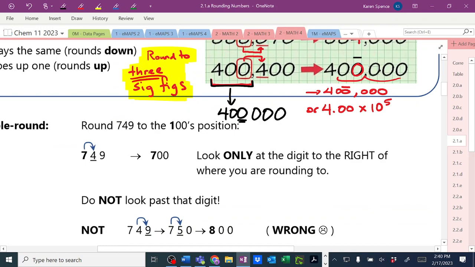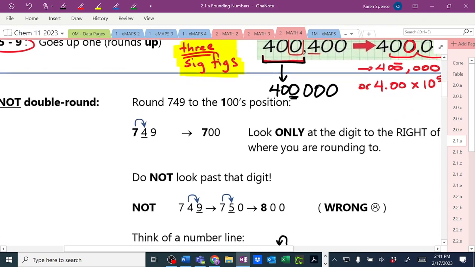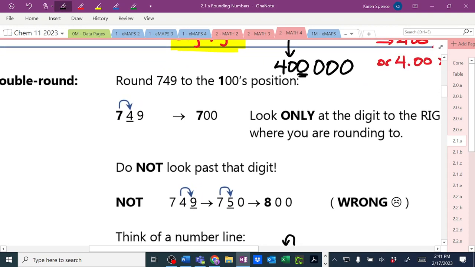These are just reminding you, do not double round. That's where you would look, so you would say, oh, I've got a 4, and I look at the 9, that rounds that to a 5, and now the 7 looks at the 5 and sees that, and they go, oh, it's an 8, but no, don't do that.